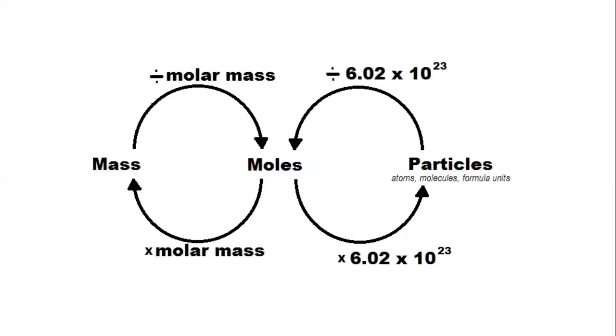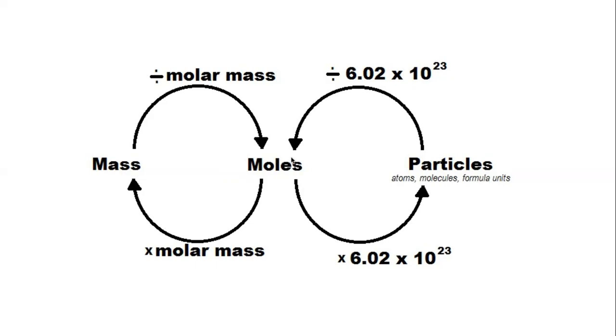So here is a diagram that can help guide you on how to set up some of these equations. If we're starting out with mass and we want to understand moles, we're going to divide by the molar mass. If we have moles and we want to get back to mass, we're going to multiply by the molar mass.